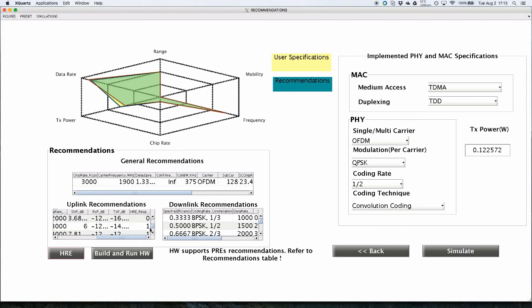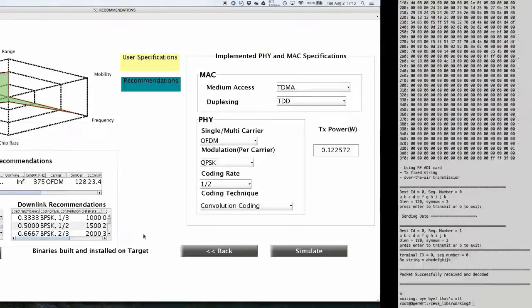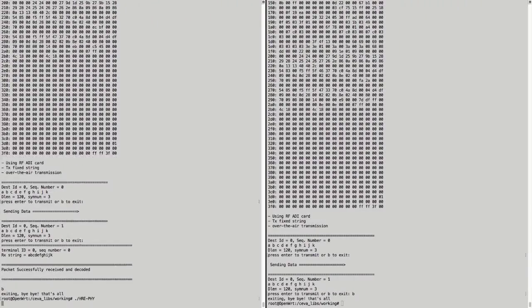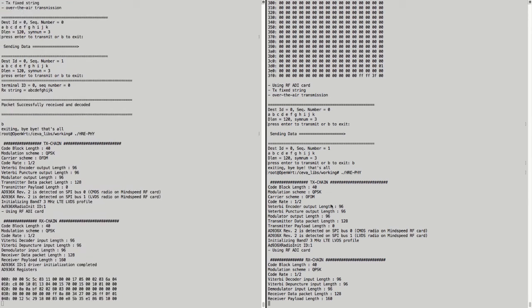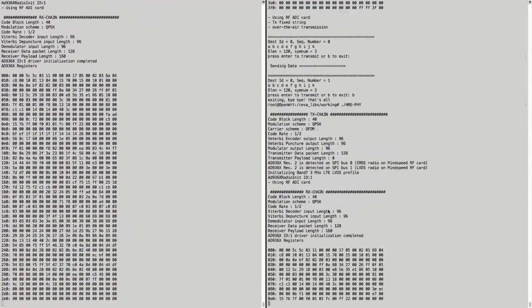We go through the process of selecting the particular set of parameters we would like to build. We then go through and have a hardware recommendation engine develop an implementation. The implementation is then installed on the radios, and the radios once again use this new protocol to communicate signals over the air.